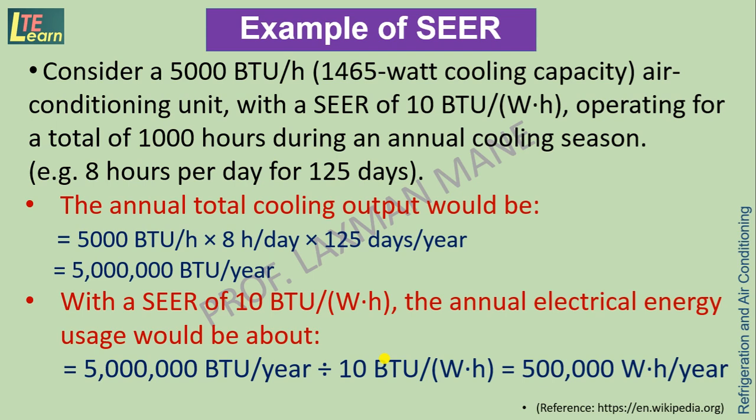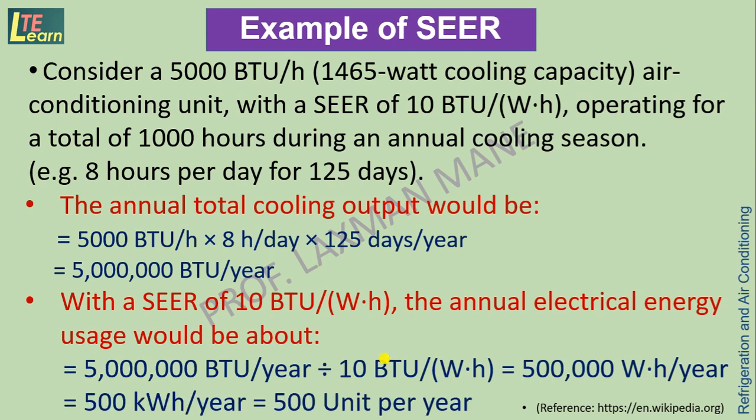So it comes to 5 lakh watt hour per year. Now 1 kilowatt hour is equal to 1000 watt hour, and 1 kilowatt hour means 1 unit. So it comes to 500 units per year consumption of the air conditioning unit for a SEER value of 10.